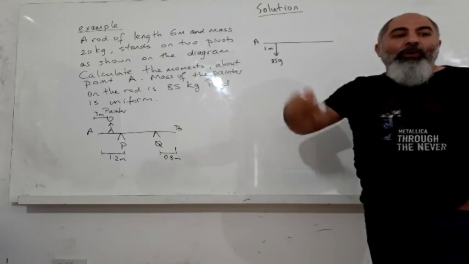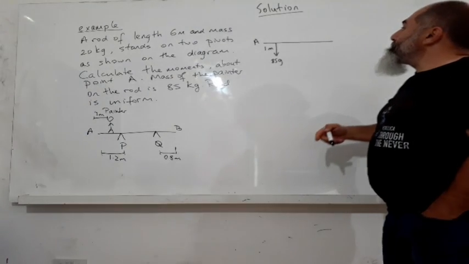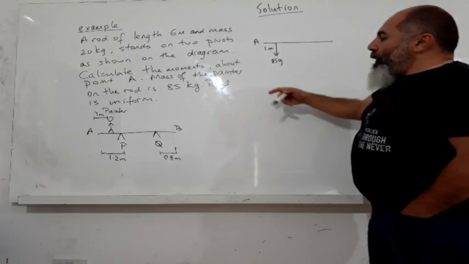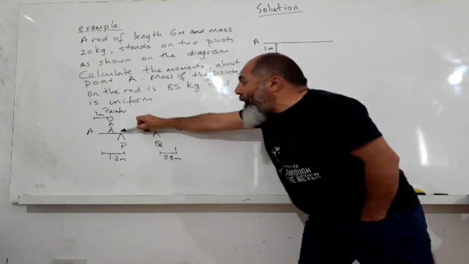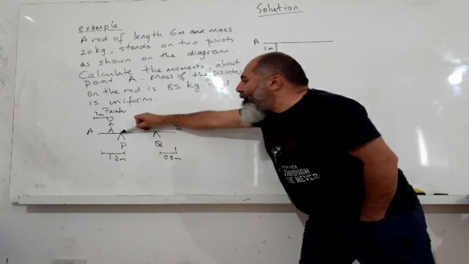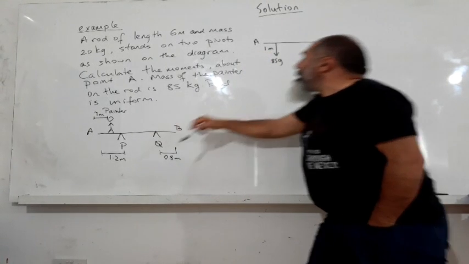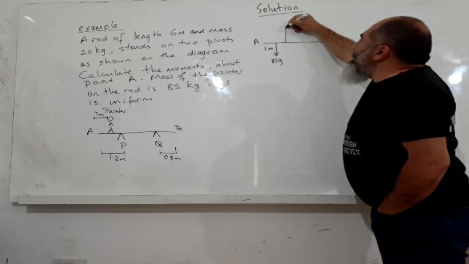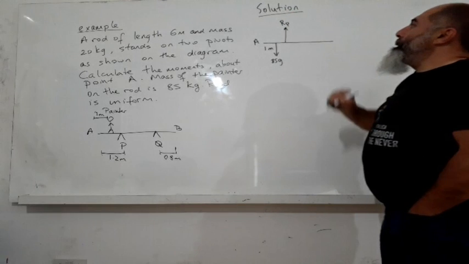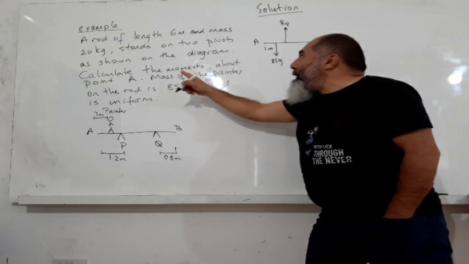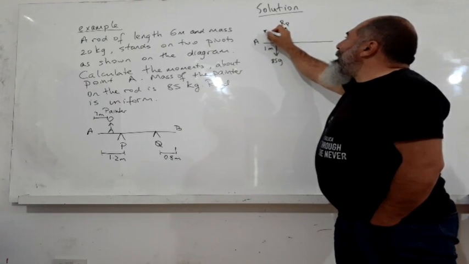And what do we have? We have a normal reaction force of the pivot pointing upwards from point P. This is RP. And what is the distance of P from point A? It is 1.2 meters.